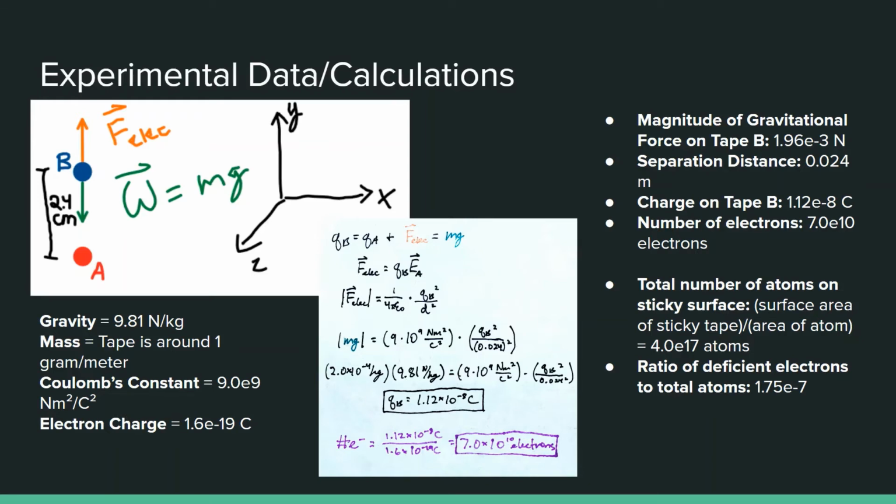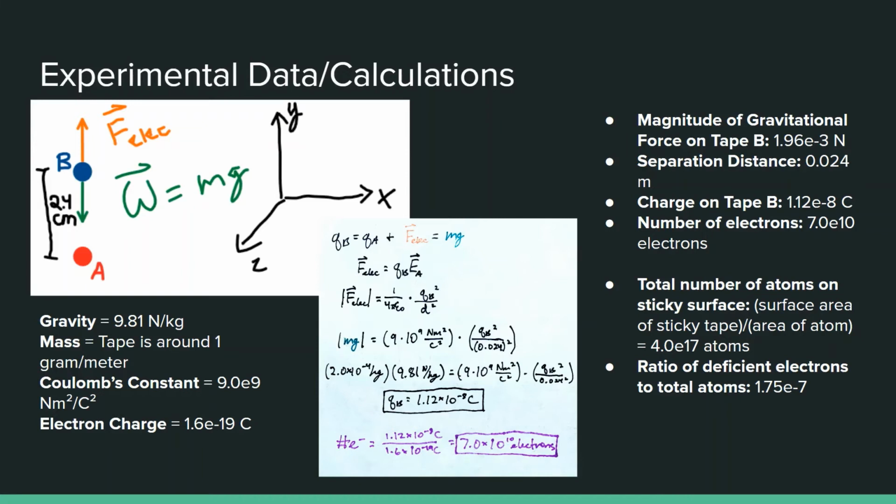Dividing this number by the charge of a single electron, which is 1.6 times 10 to the negative 19 coulombs, we get 7 times 10 to the 10 electrons for the total amount of deficient electrons, since the charge was found to be positive.